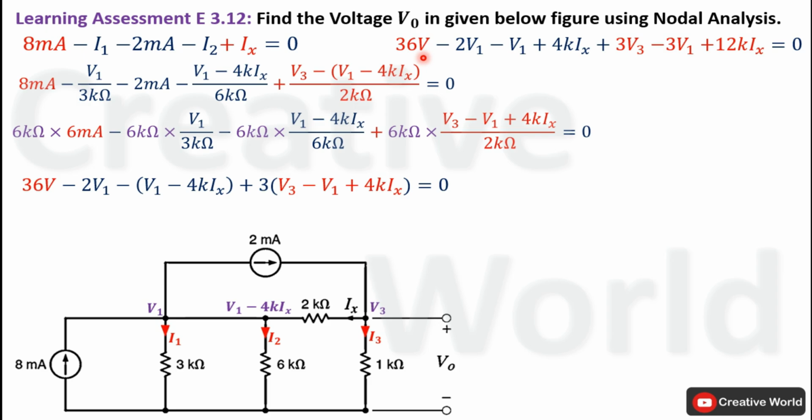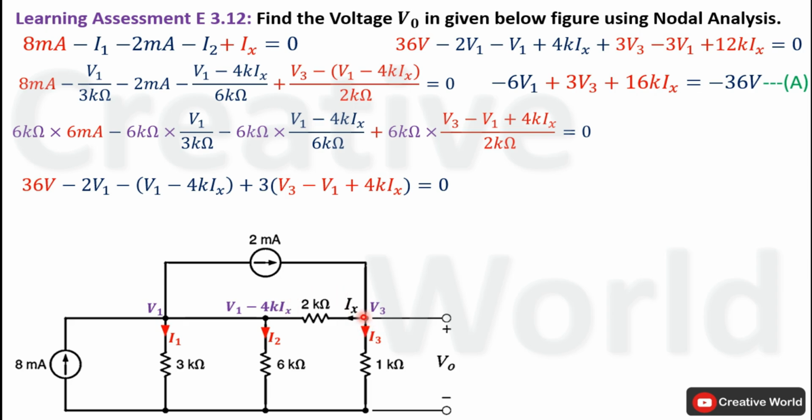Place 36 volt on the other side of the equal sign in order to separate it from variables, and the sum of minus 2V1, minus V1 and minus 3V1 will become minus 6V1. Sum of 4kIx and 12kIx will become 16kIx. We cannot solve this equation further, so we will leave it as it is and label it as equation A. It is the first node voltage equation of this network.